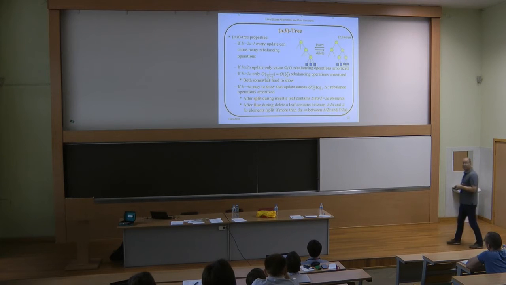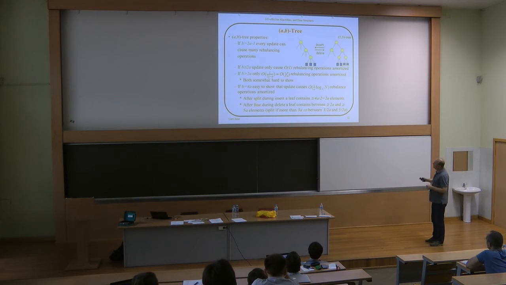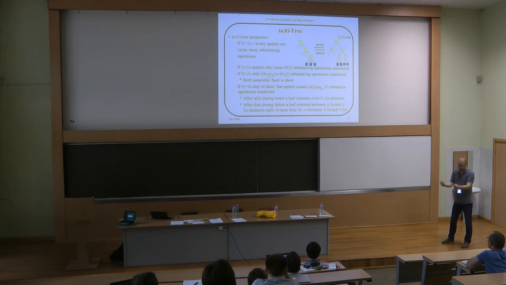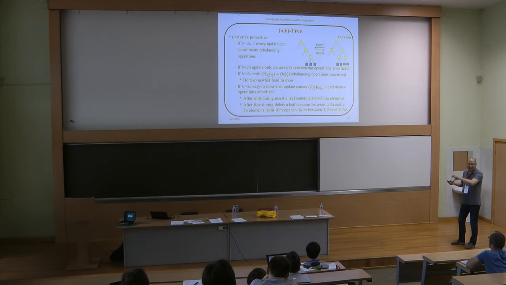Similarly, I can argue for fuse that if I take two leaves and fuse them because I was deleting something, then the new thing I get has between 2A, if I had two nodes with A elements in them, and 5A elements if I had one with 4A and one with A. And when I split that back, I get again something which is almost in the middle, or at least on the order of A away from either of the boundaries.